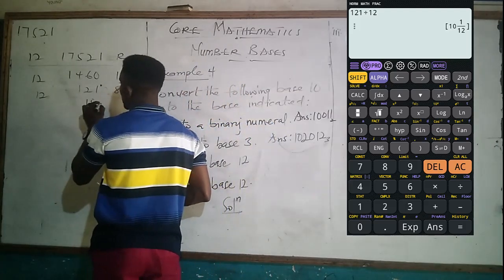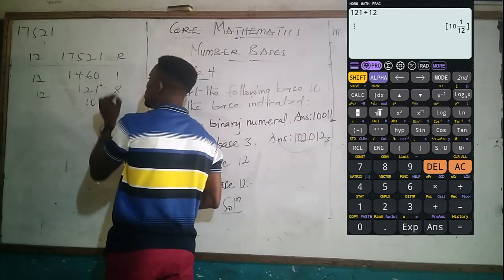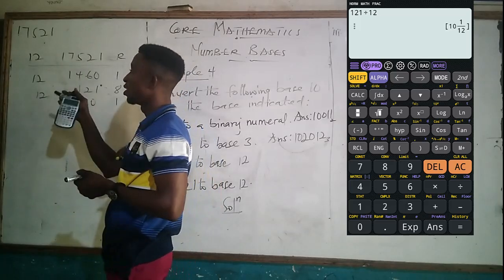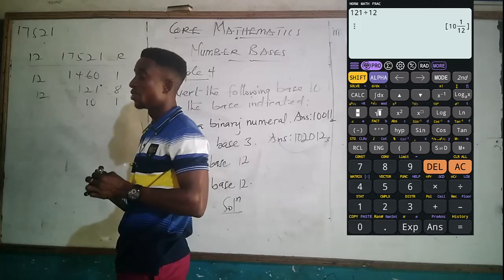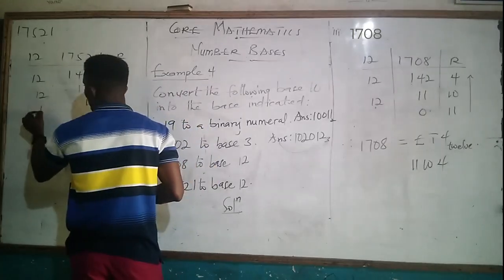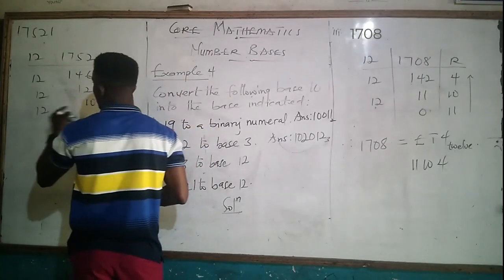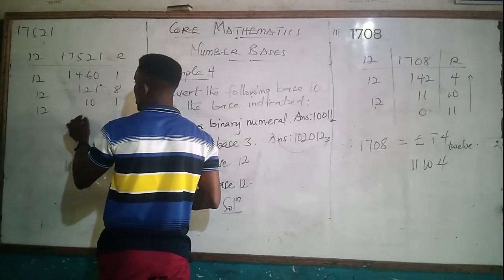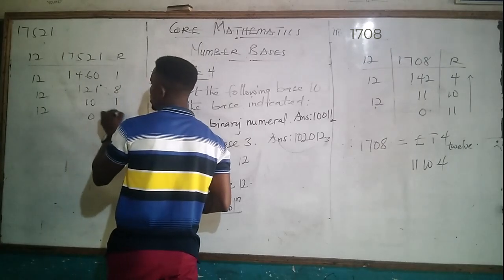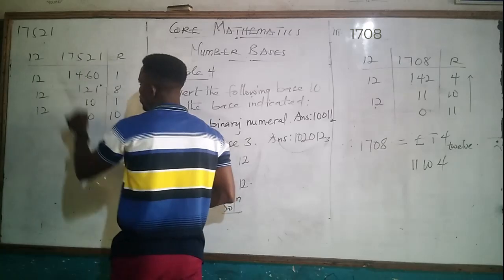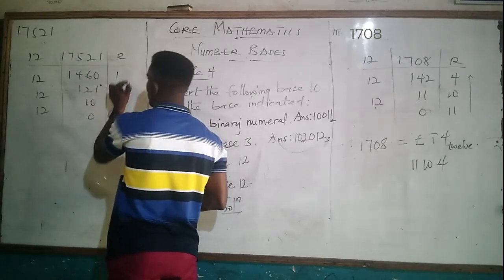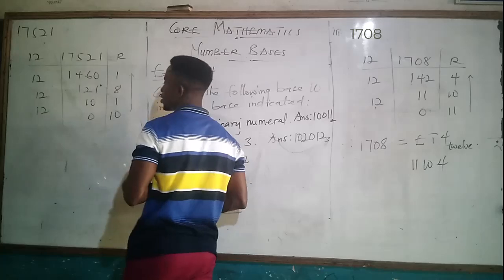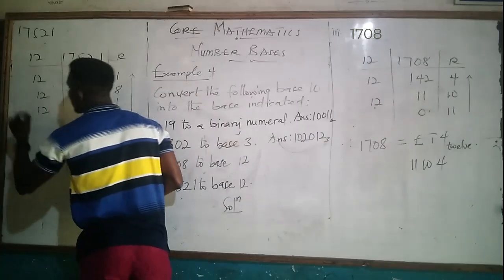So I have 10 whole number 1 over 12. So the remainder is 1 because 1 over 12, the denominator is 12. Okay, then 12 into the 10 gets us 0 remainder 10. So I'll have this one now equation because I'm done. Then my arrow comes down.